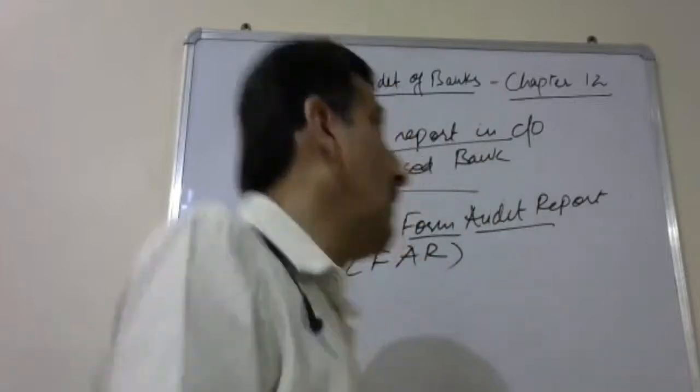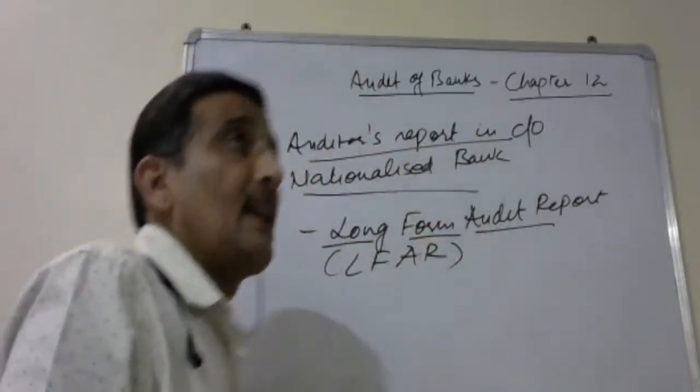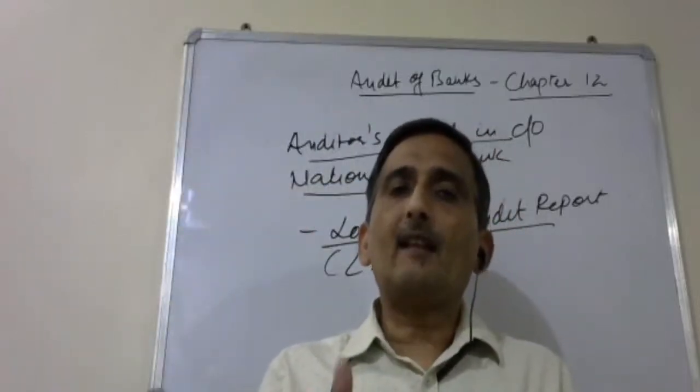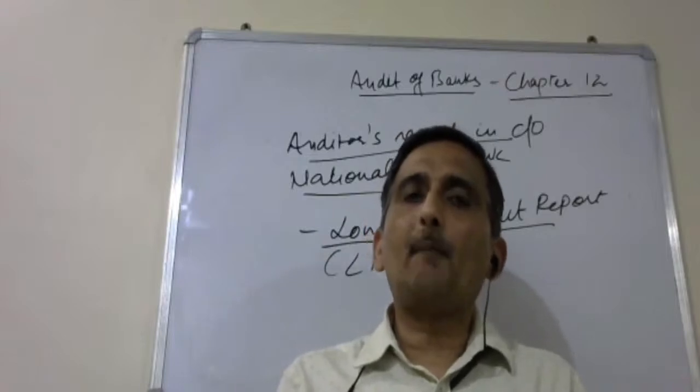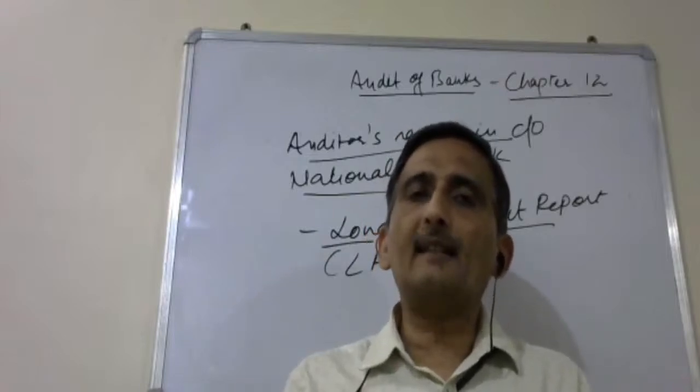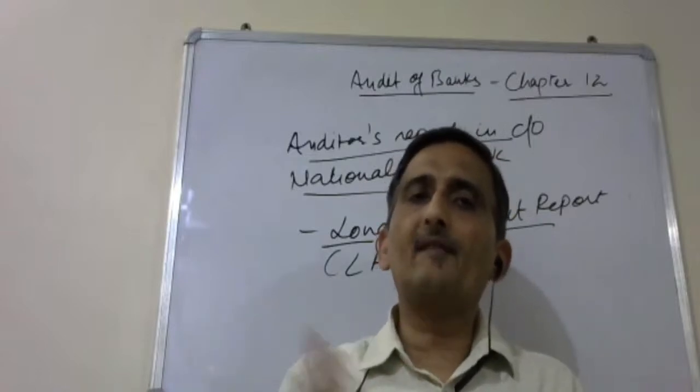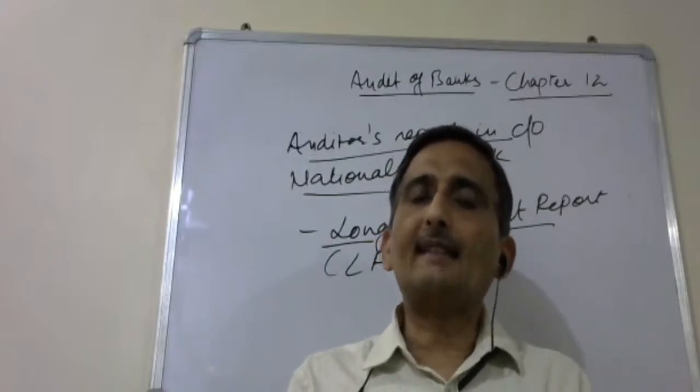Long form audit report and other kinds of reports, like whether the bank has complied with the SLR requirement. SLR, you understand, is statutory liquidity ratio. You might have studied it in your other classes.